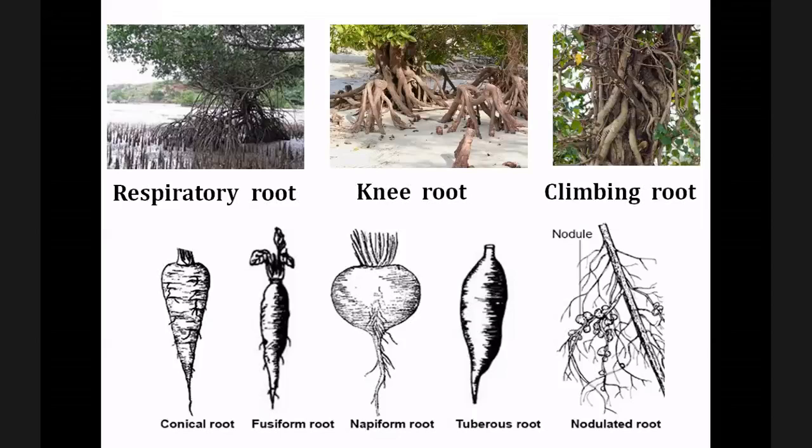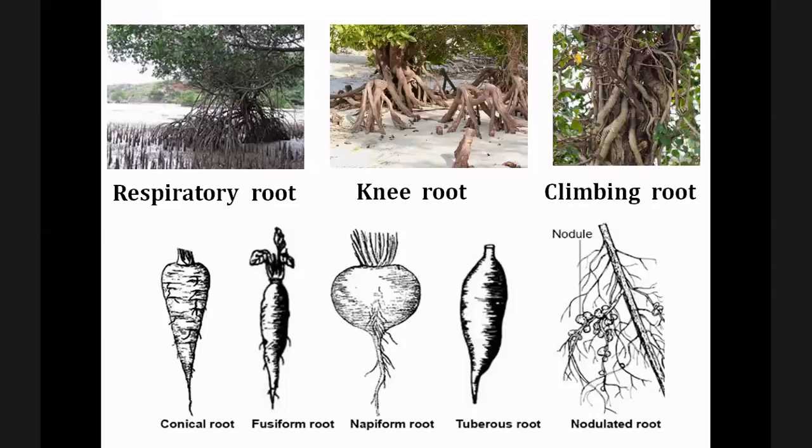Here the roots come out vertically upward to get oxygen. These soils have poorly aerated conditions. So when the soil has poor aeration, the plant needs oxygen, so this is the modification. Here the roots emerge vertically upward. Normally the roots grow based on the gravitational force.